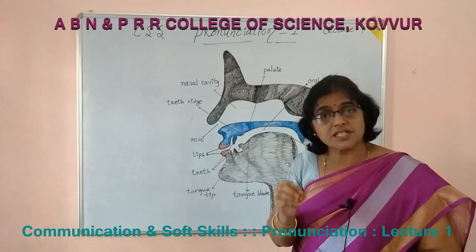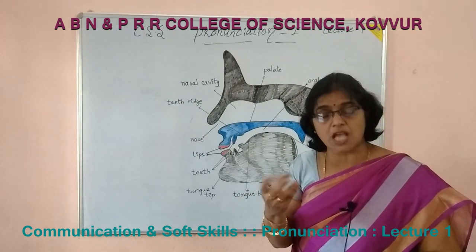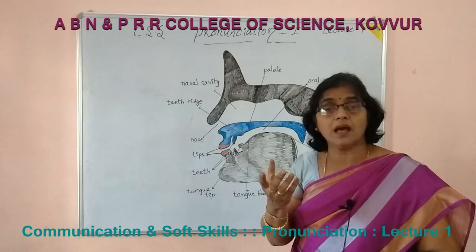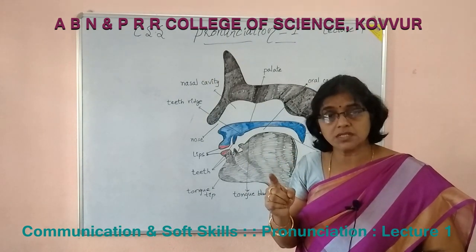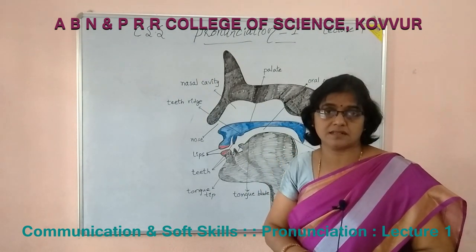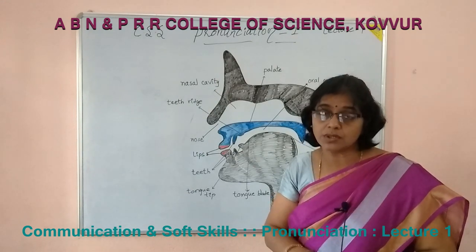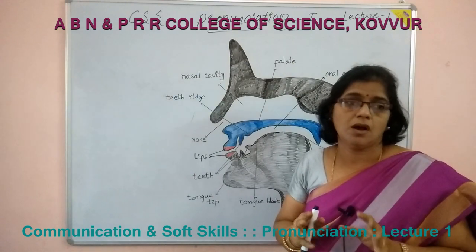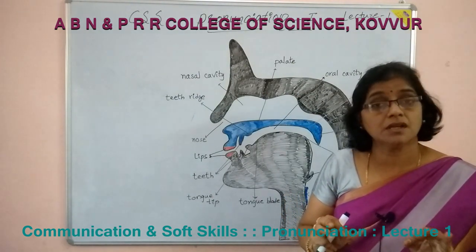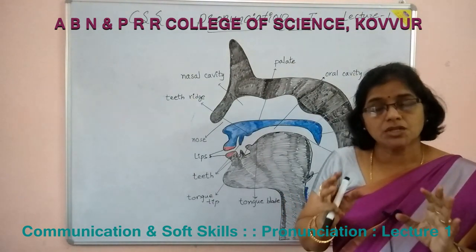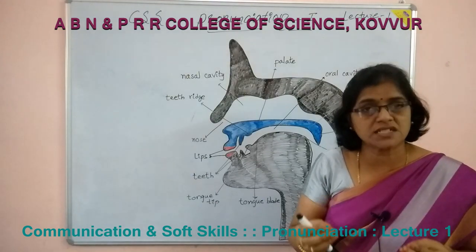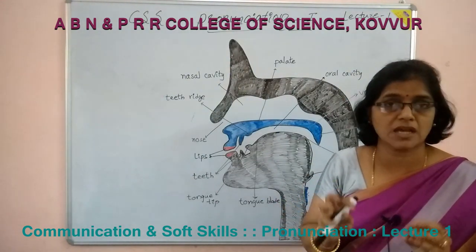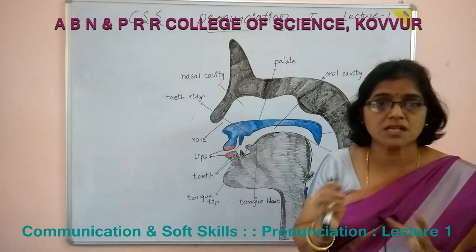This air is shaped into speech sounds by various organs in the mouth, throat and lungs. What are those? Mouth, throat and lungs. We use organs in our mouth and throat to shape or to utter or to articulate sounds.